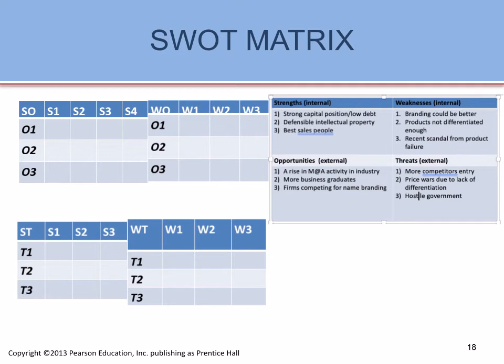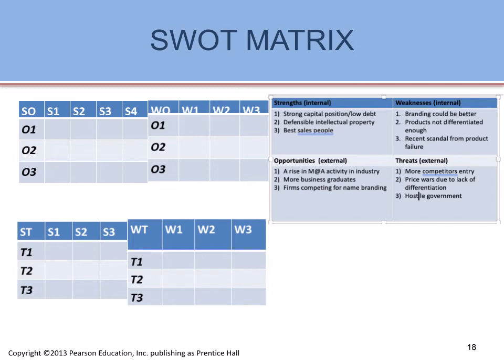So when we have many factors to consider, it may be helpful to construct a matrix to match individual strengths and weaknesses to the individual opportunities and the threats you have identified. To do this, we can construct a matrix such as the one below for each quadrant: SO, ST, WO, and WT.